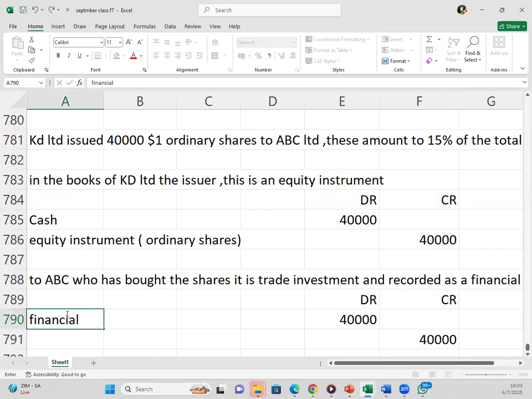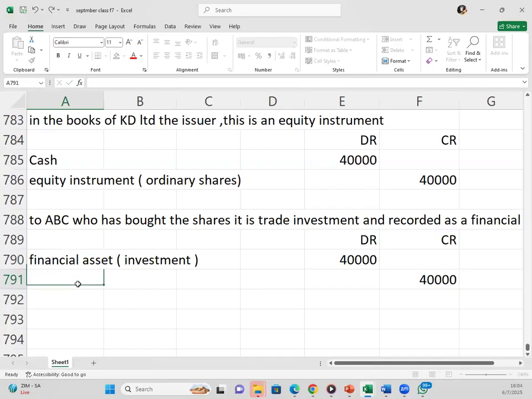So to them, it's a financial asset, which is investment. However, they are going to lose cash.